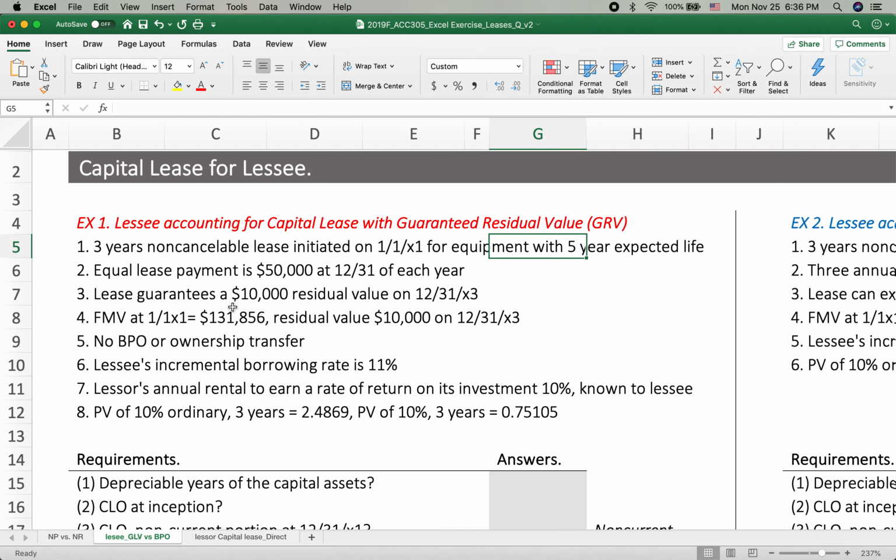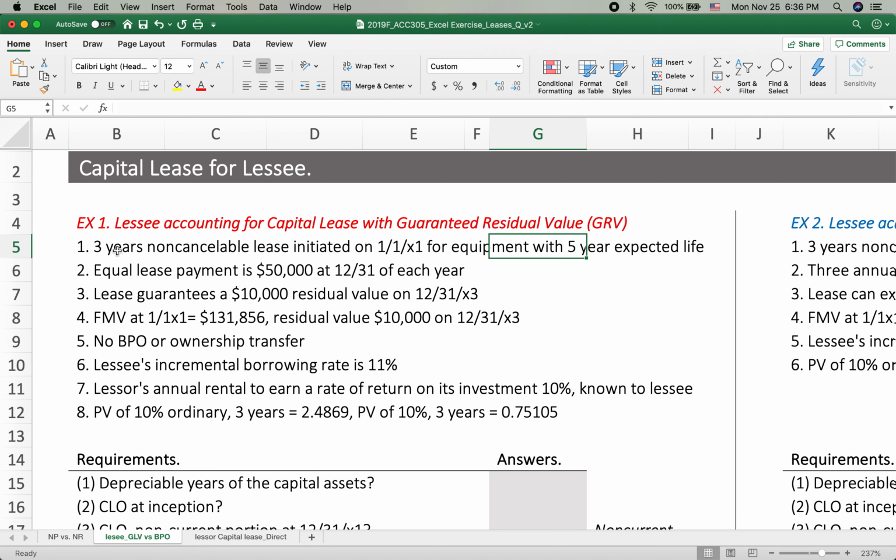Then the lease guarantees a $10,000 residual value. If the lease term contains the guaranteed residual value, then we assume that the lease asset from the lessee is going to return to the lessor with the guaranteed residual value at the end of the lease term.